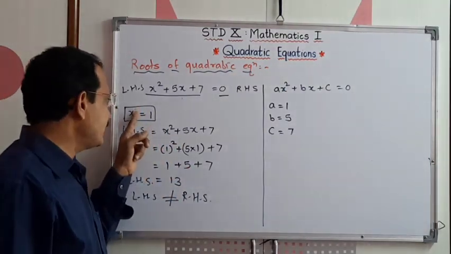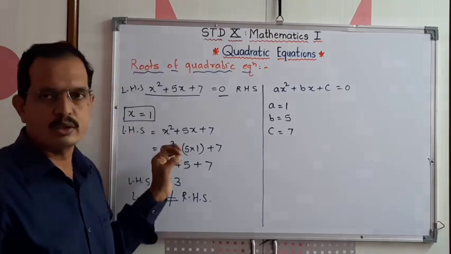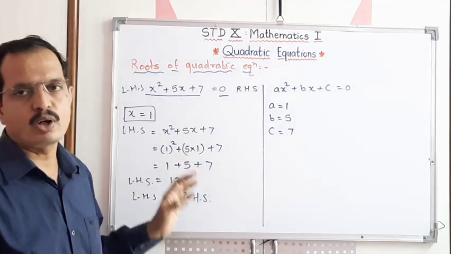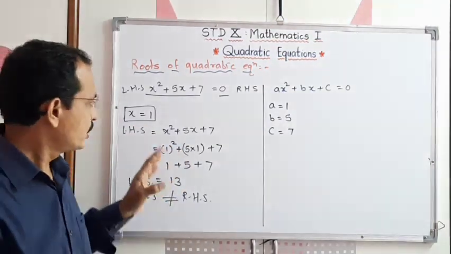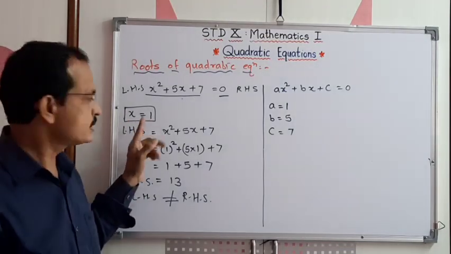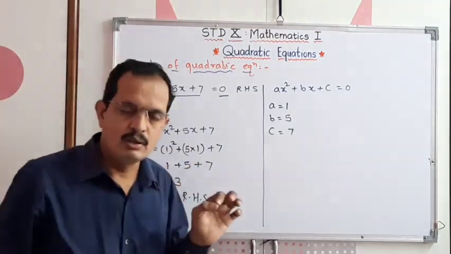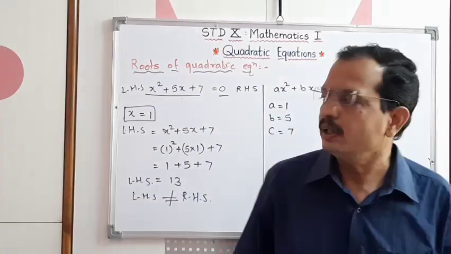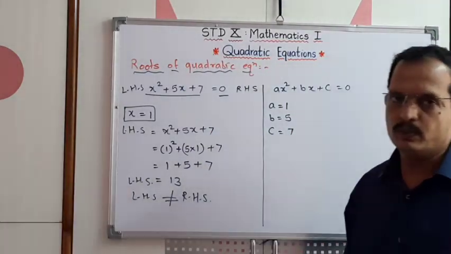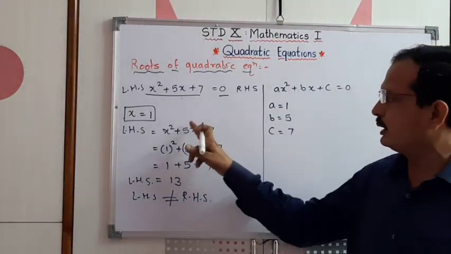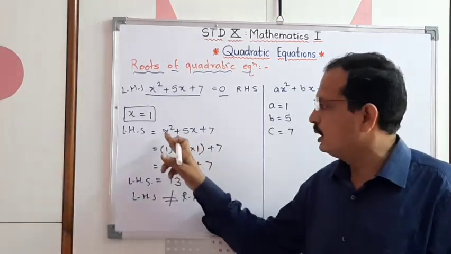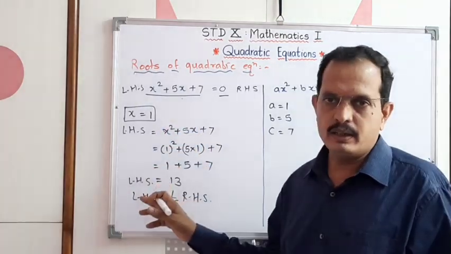Therefore x is equal to 1 is not the root of the quadratic equation. I think everyone got this. The value of variable which satisfies the equation is known as a root of a quadratic equation.